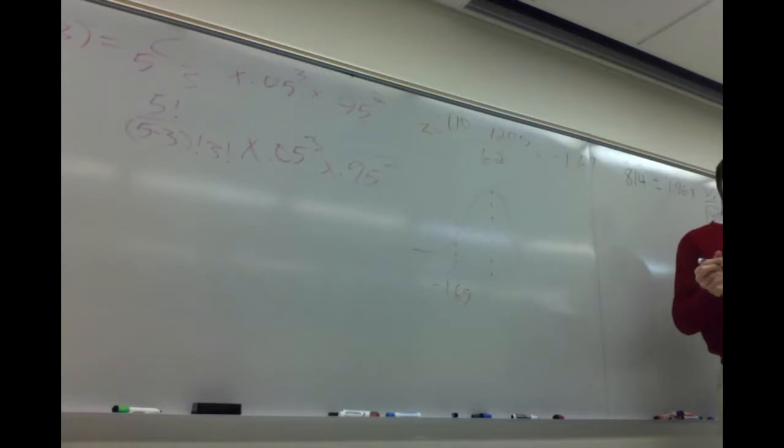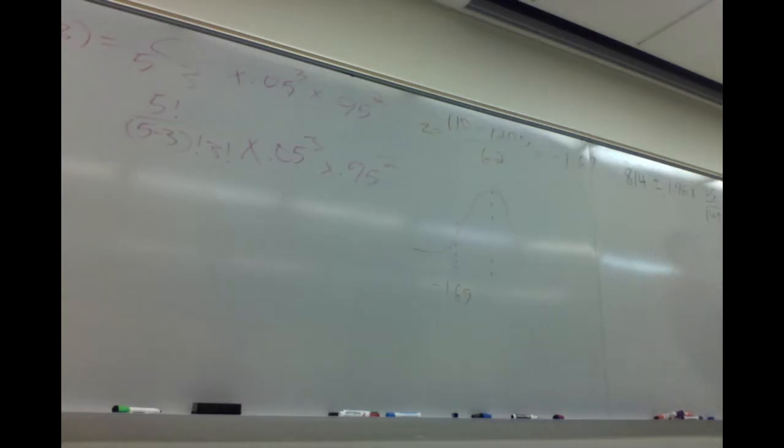And then, of course, your standard error is 12.3 divided by the square root of n, so 12.3 divided by the square root of 121. Okay, the square root of 121 is 11. So 12 divided by 11 is a little bit bigger than 1.